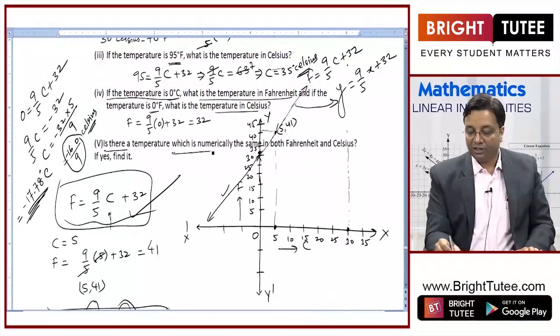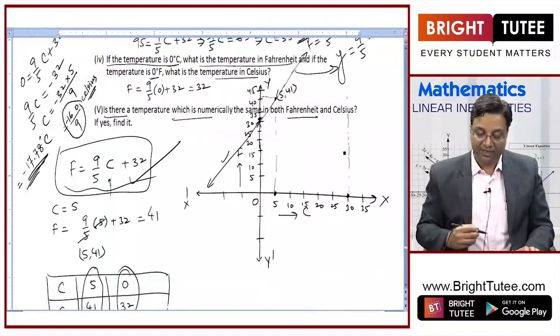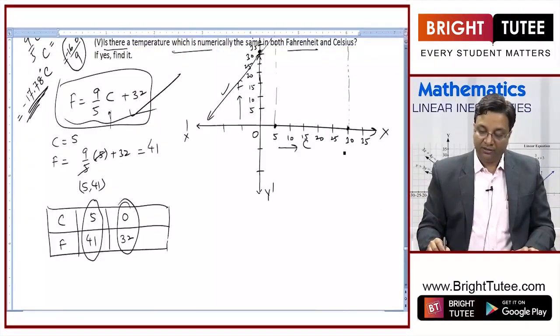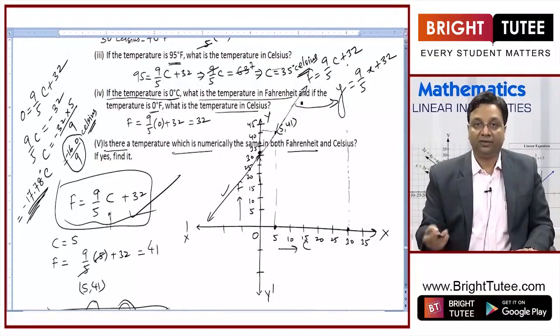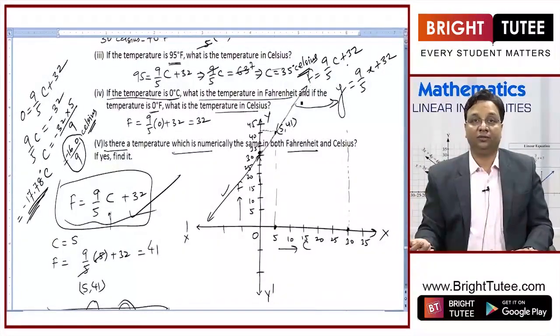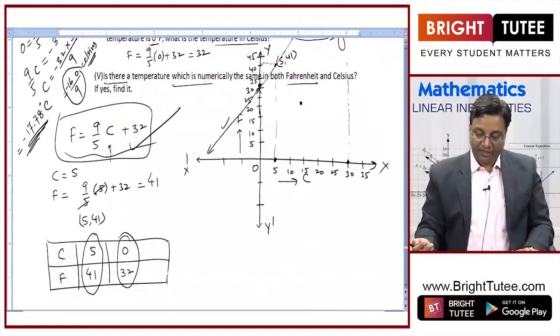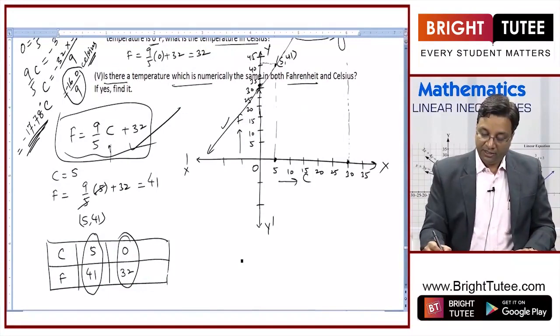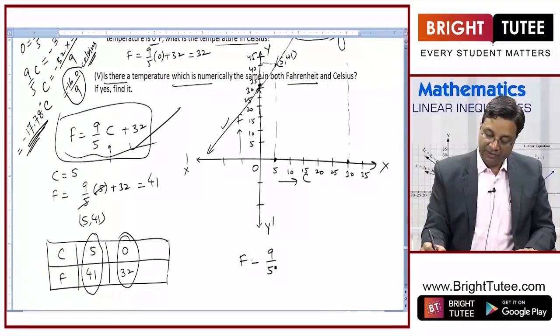Is there a temperature which is numerically the same in both Fahrenheit and Celsius? If yes, find it. How do we find that? One, we can look at this graph and see where the abscissa and ordinate are equal. Other way of looking at it is F is equal to 9 by 5 C plus 32.